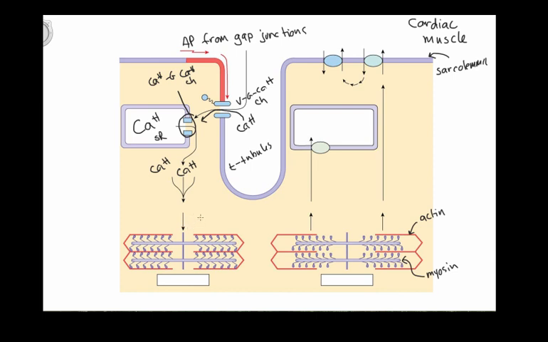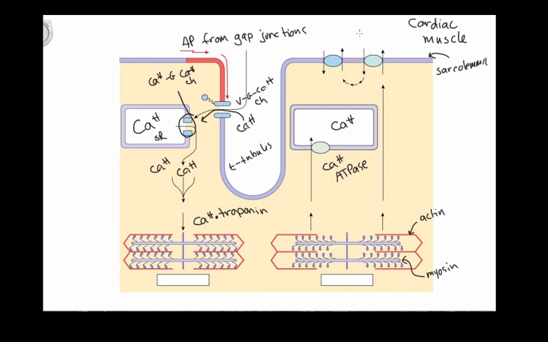And we then have calcium binds with troponin, and the actin-myosin cross-bridge cycle gets started just like it does in skeletal muscle. So we have calcium-troponin pulling tropomyosin off the myosin binding sites of actin, and the whole cross-bridge cycle happens. For the muscle to relax, similar to skeletal muscle, we have a calcium ATPase that puts calcium back.